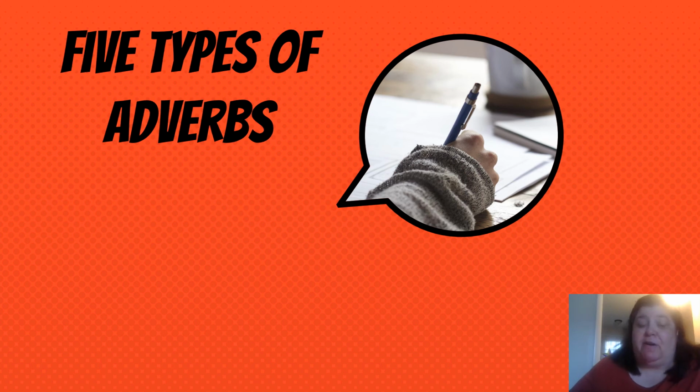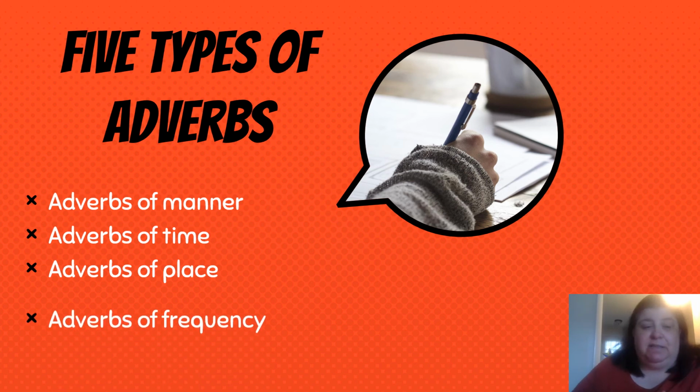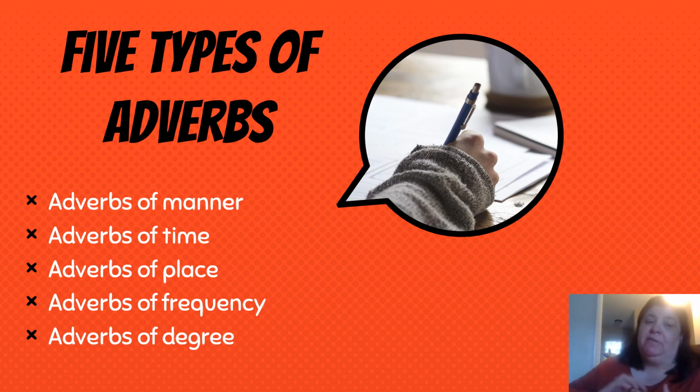So basically there are 5 different types of adverbs. There's adverbs of manner, adverbs of time, adverbs of place, adverbs of frequency, and adverbs of degree. Now, do we need to know all these particular titles for what we need for our tape?